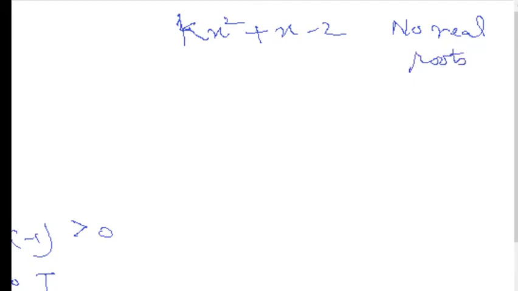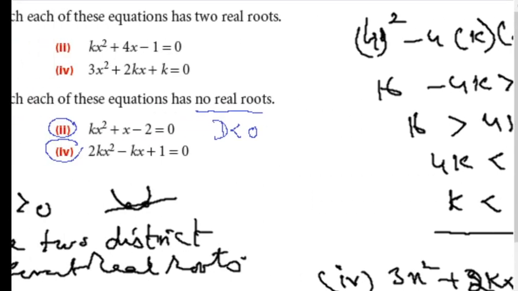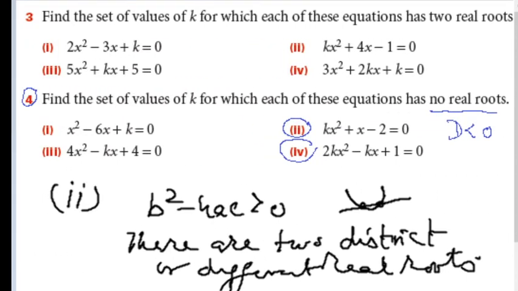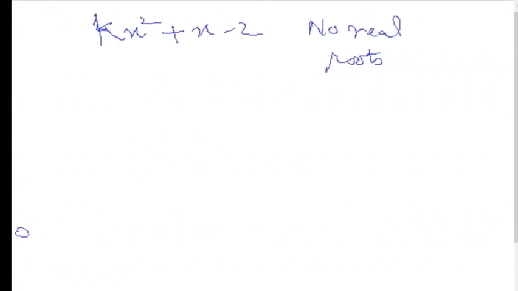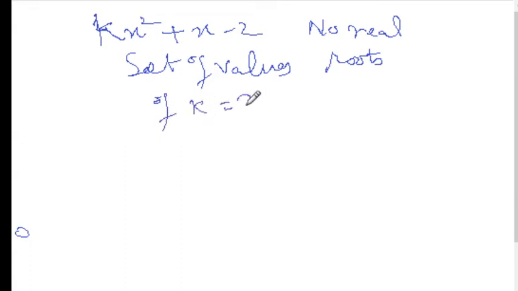Set of values of k is required. Find the set of values of k for which each of these equations has no real roots. So no real roots, set of values of k is required.